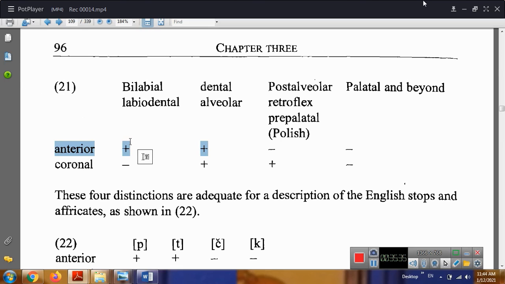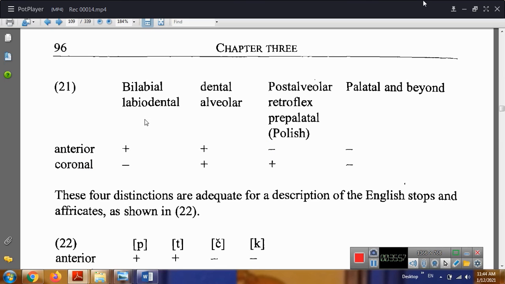For B, it is plus anterior. For Z, it is plus anterior. But the post-alveolar, retroflex, and prepalatal we consider minus anterior. Palatal or beyond, we consider minus anterior. But what about the coronal?